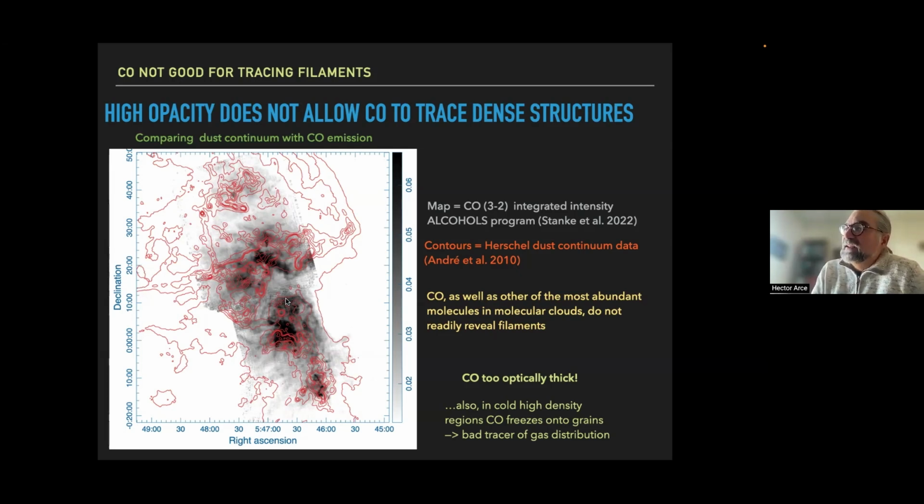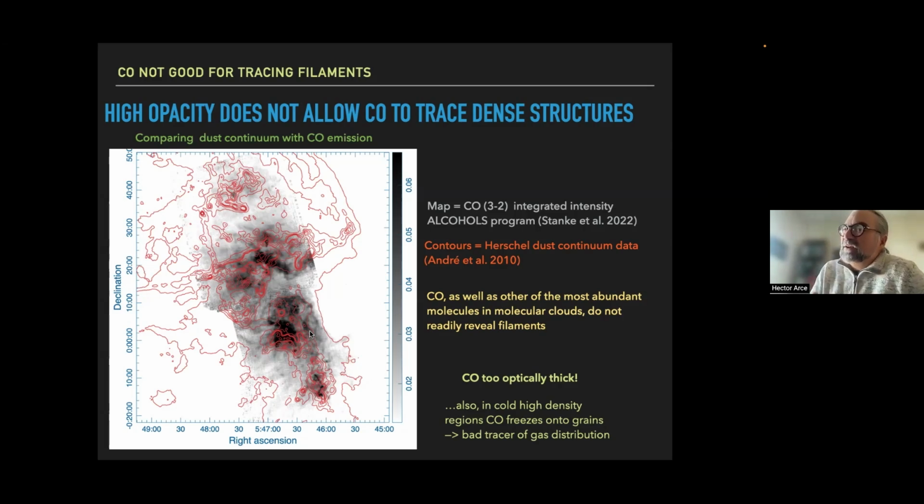But unfortunately, it's not very good at tracing the denser regions. And maybe you can see it here or not, but the dust continuum, which traces the denser parts of the cloud, doesn't seem to correlate very well with the grayscale map that comes from the CO, the gas emission.